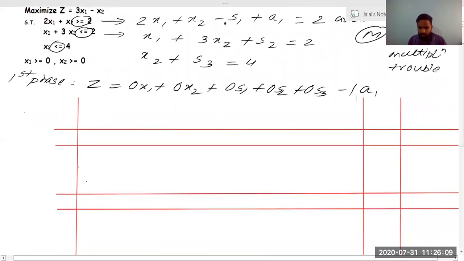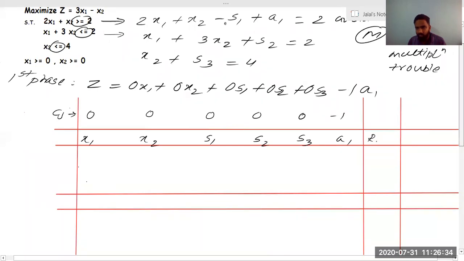Now what we will do is as we used to do in big M or simplex method. I'll put the variables x1, x2, S1, S2, S3 and A1. Now, what is the value of Cj? The new Cj that we have got is 0, 0, 0, 0, 0, and this will be -1.